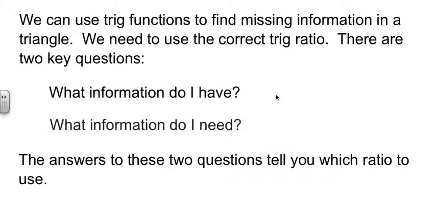And what information do I need? When you can answer those two questions, then that tells you which ratio to use, whether you use sine or cosine or whatever. Having the information that's given to you and having the information you need to find helps you know which ratio to use.